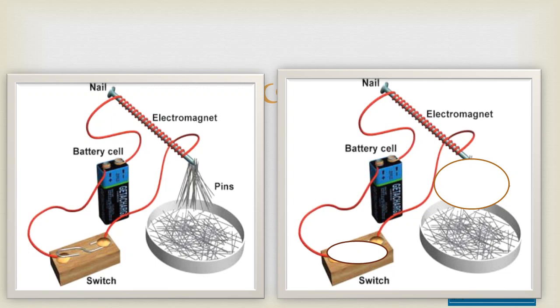That's why the pins will start attracting towards it. But if we switch off the plug key, what happens? The pins will fall off from the screw. Why? Because the magnetic field which is produced due to the cell has stopped. That's why the pins have fallen from the screw.